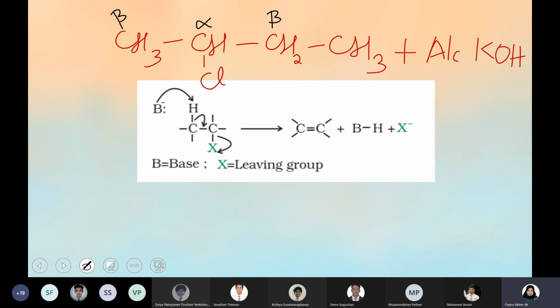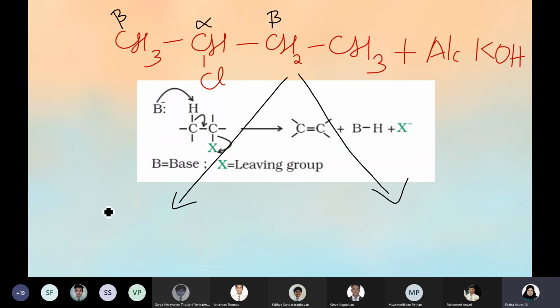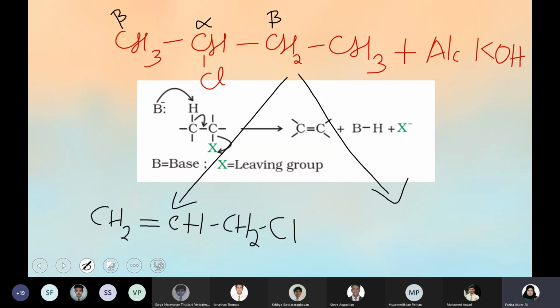So what will happen here? Am I audible? Yeah. Can you say but-1-ene or but-2-ene? Okay, let me see both the cases. If beta hydrogen is removed from the first carbon, then the expected product is CH2=CHCH2CH3.